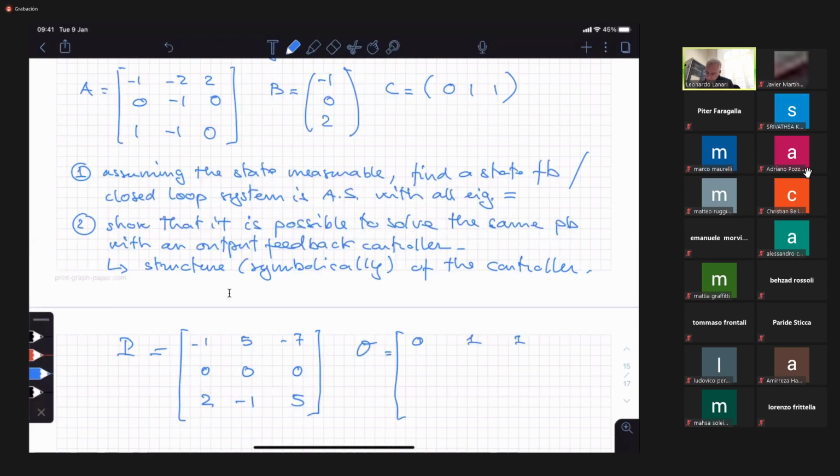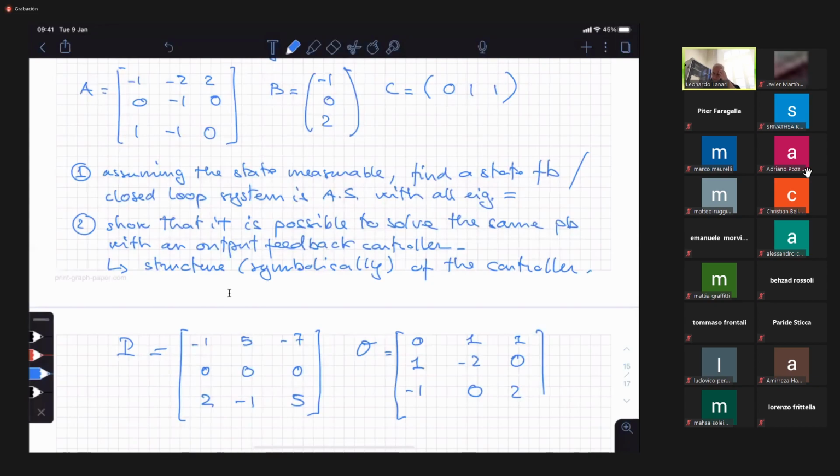Then we have 1, -2, 0, -1, -2 plus 2, 0, and 2.